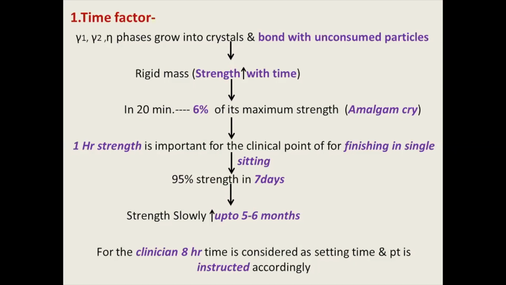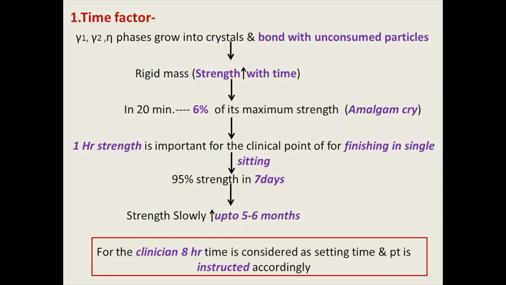Now 1 hour compressive strength is important from the clinical point of view because the finishing is done in a single sitting of the restoration. Within 7 days, the strength increases to about 95%, and after that it increases very slowly for about 5 to 6 months. For the clinician, the 8-hour timing is very important.